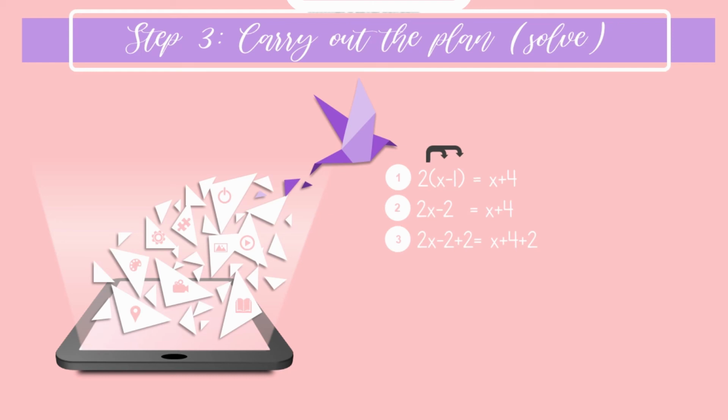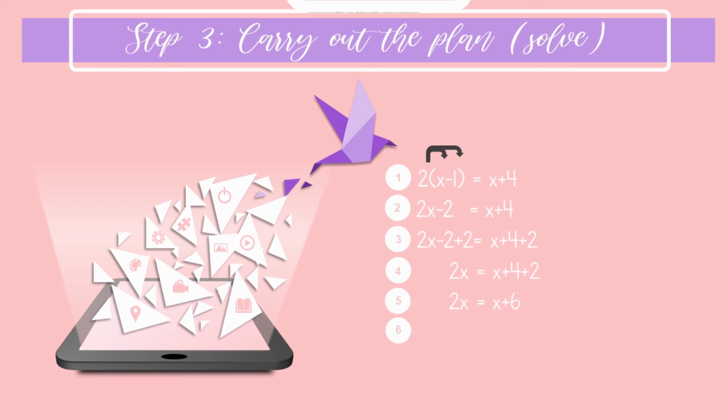Then, we will add 2 to both sides of the equation, and it will become 2x - 2 + 2 = x + 4 + 2. Next, we will simplify it by adding the numbers. 2x = x + 4 + 2. Then we add the numbers again. 2x = x + 6.